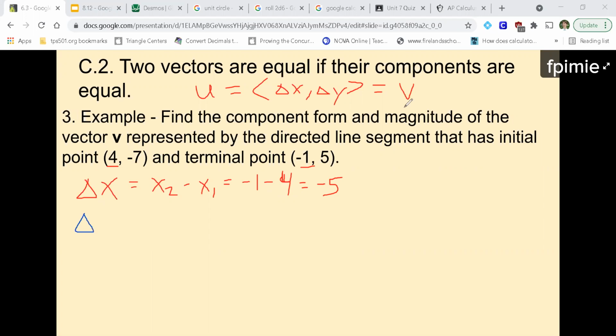Find the change in y, same idea. The difference between your y values is 5 minus -7, or 12. So then I can say v is <-5, 12>.